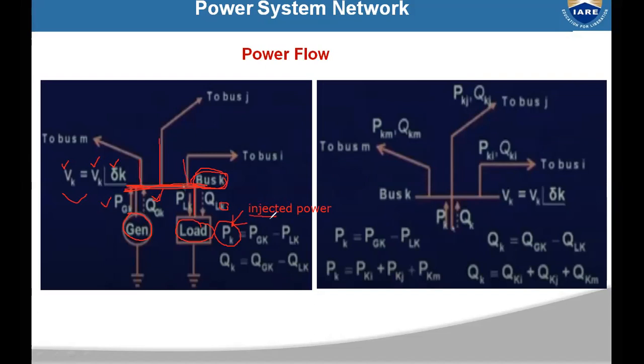So the injected power PK is equal to the generated active power PGK minus PLK. In a similar way, the reactive power injected into the bus is QK, which is generation minus demand at that bus: the generated reactive power QGK minus QLK, the power received by the load.